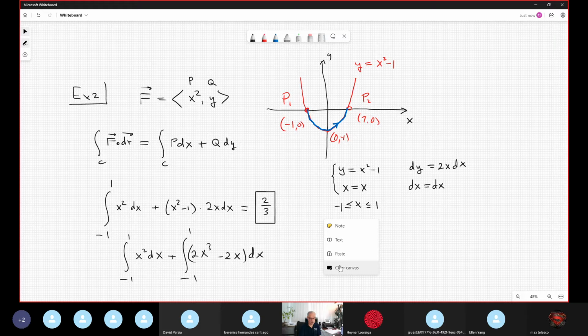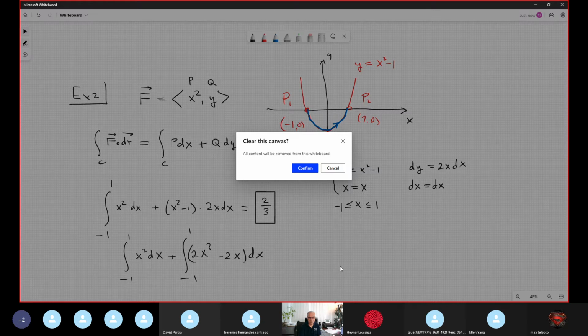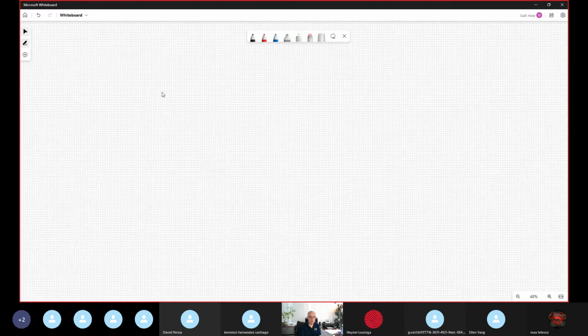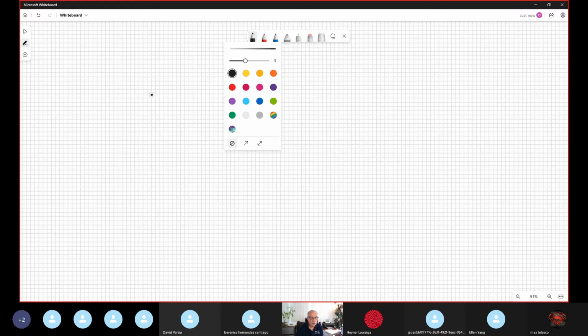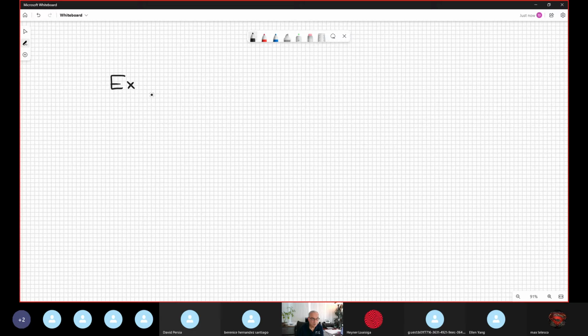Let's move on to the little bit more complicated stuff. Not too much, but a little bit more. Suppose we continue doing line integral over the vector field circulation. Example 3. The vector field is always given, no?